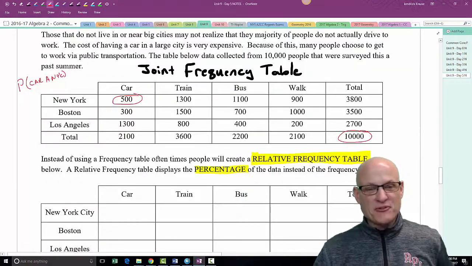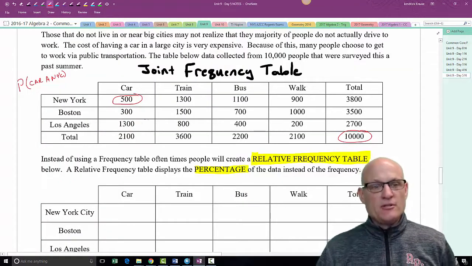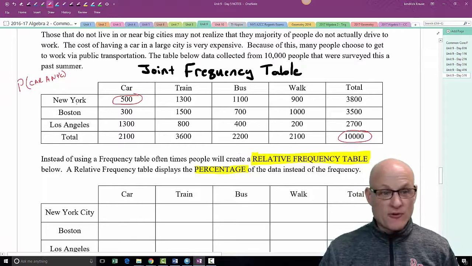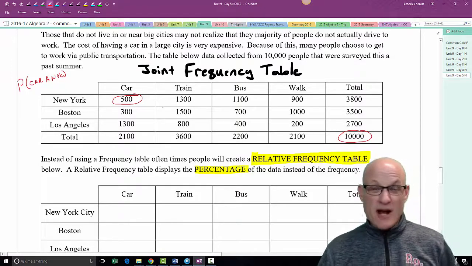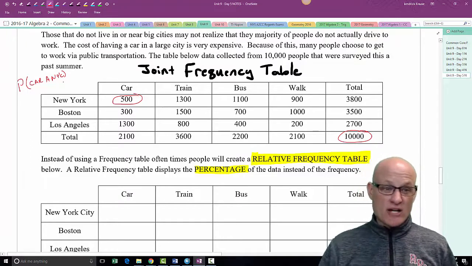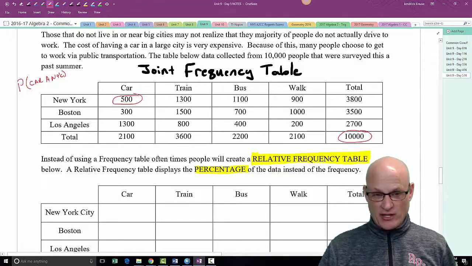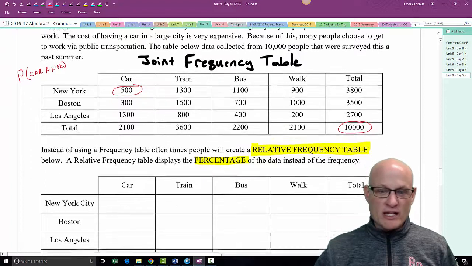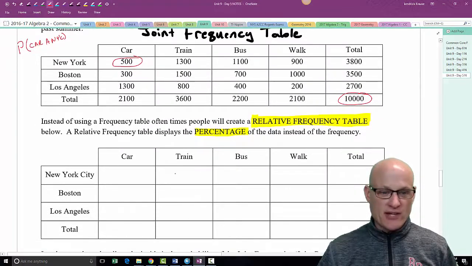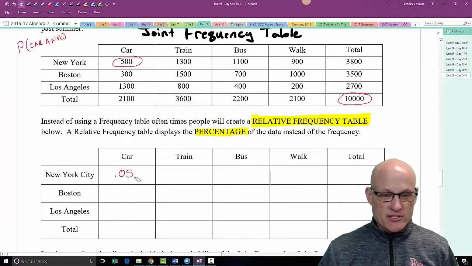So 5% of people surveyed are from New York City and drive a car. So the probability of car and New York City is 5%. Well, in a relative frequency table, that's exactly what goes right here, 0.05.